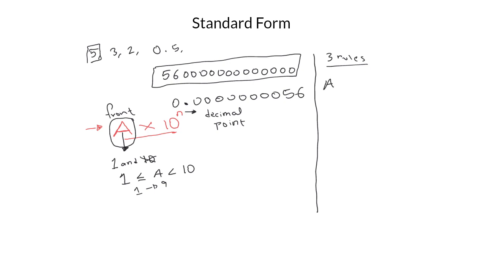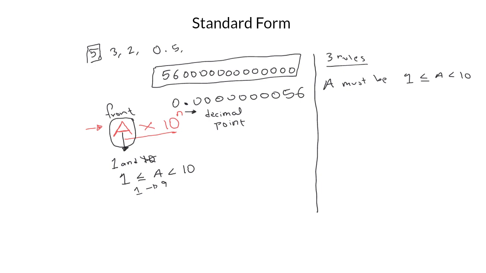That is, A must be between 1. I'm going to write it using inequalities so that it can be easy. So A must be between 1 and 10. It cannot be greater than 10. Remember, it also cannot be lesser than 1.